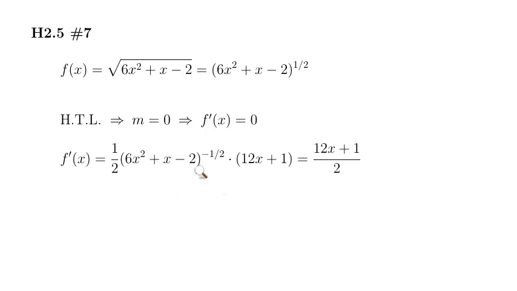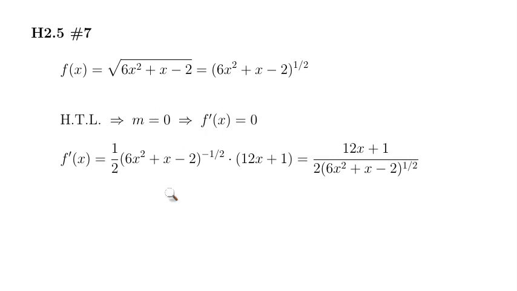Since we have a negative power, 6x squared plus x minus 2 is going to be downstairs. And then we still have to raise it to 1/2 power. We can either put the 1/2 power or you can put the square root. That doesn't matter.